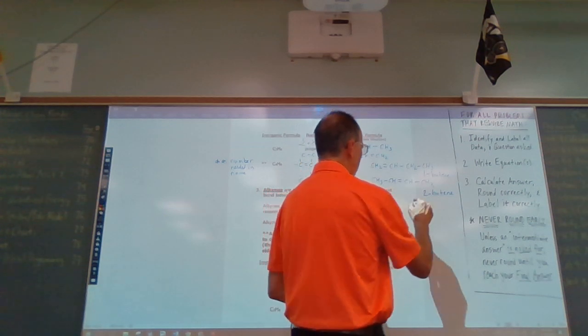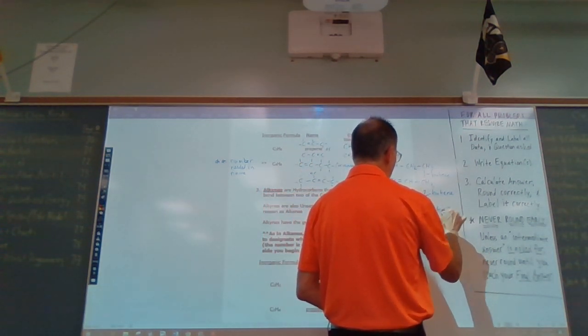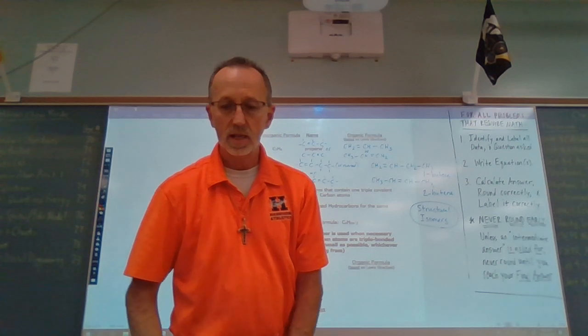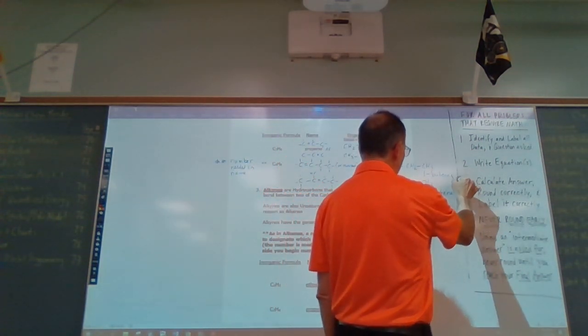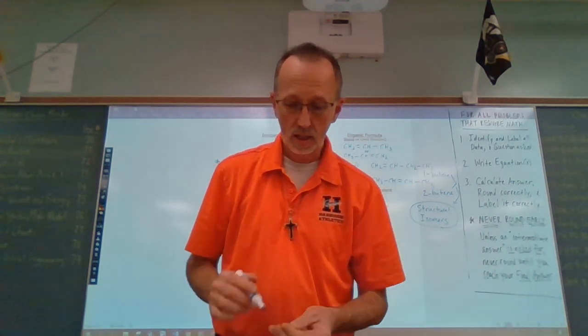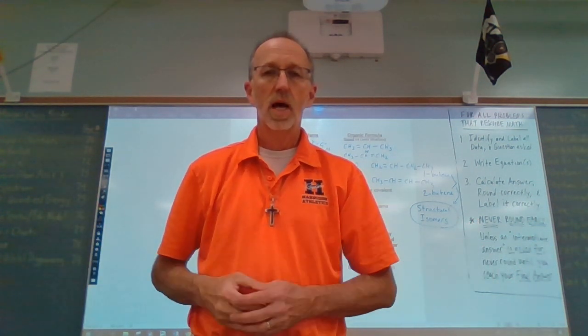So we have 2 possibilities. These are called, and you need to know this term, structural isomers. Iso meaning the same. These 2 are structural isomers. Now, what does that mean? Well, they're both butene.